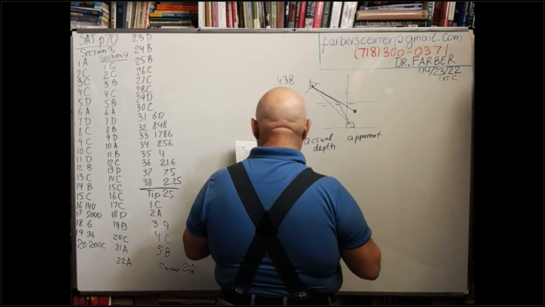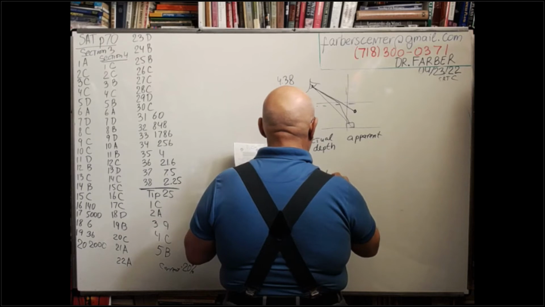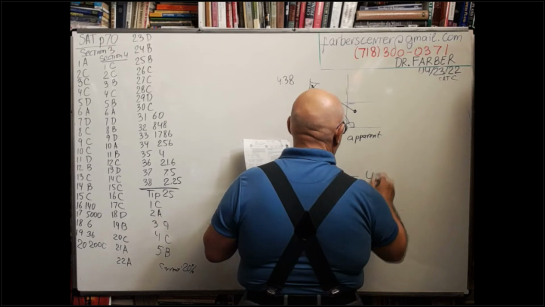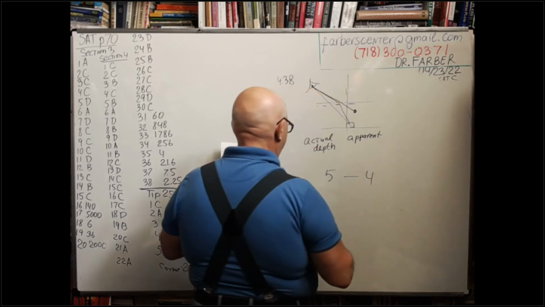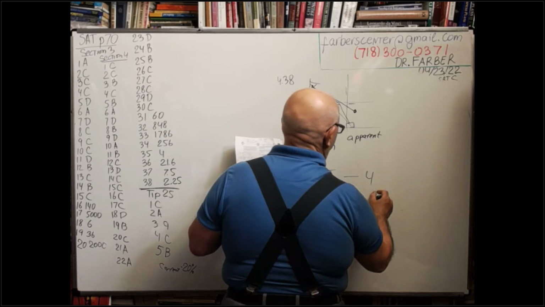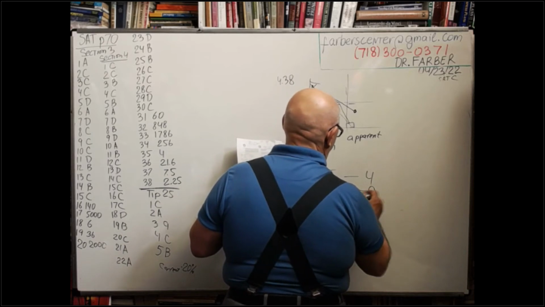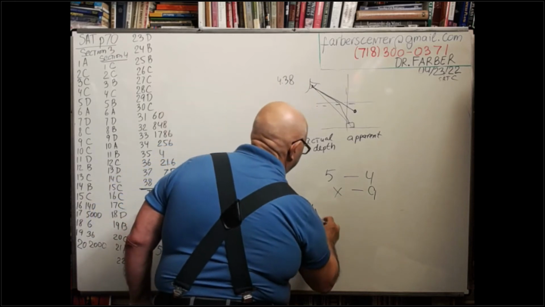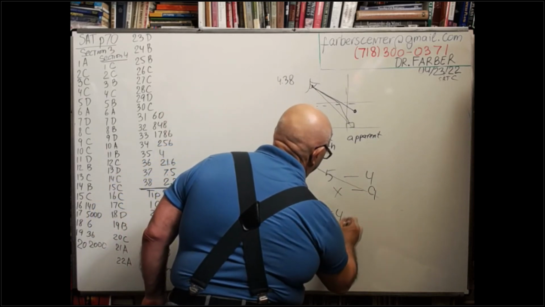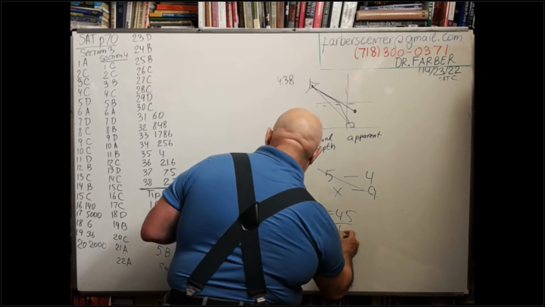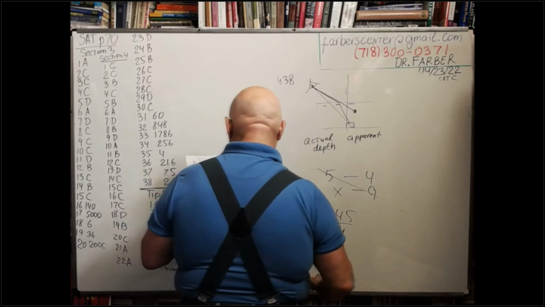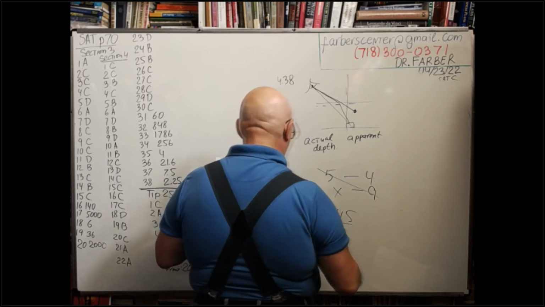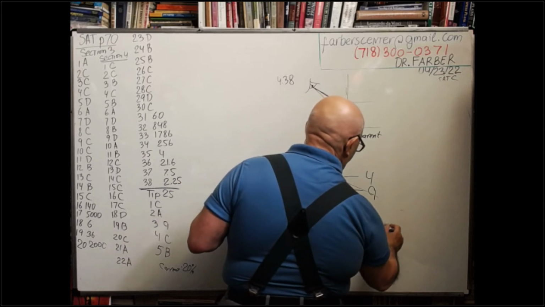So when the actual depth is 5, the apparent depth is 4. When the apparent depth is 9, the actual depth is unknown. So cross multiplication, 4x equals 45. Divide by 4. Which unit did they provide? If you simplify, you get 11 and 1 over 4, or 11.25 feet.